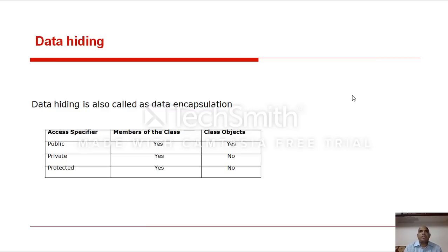An encapsulated object is called an abstract data type. Data hiding is useful for protecting data.